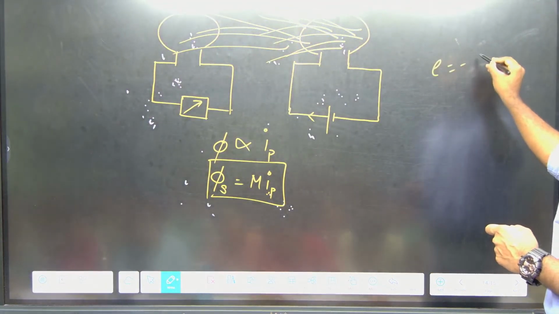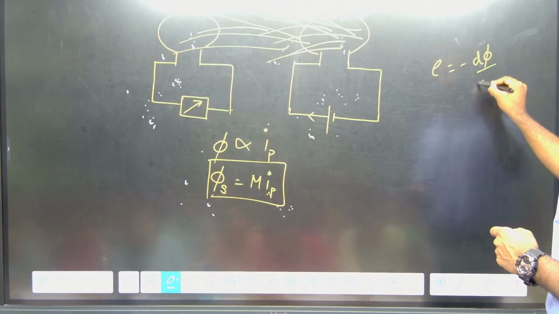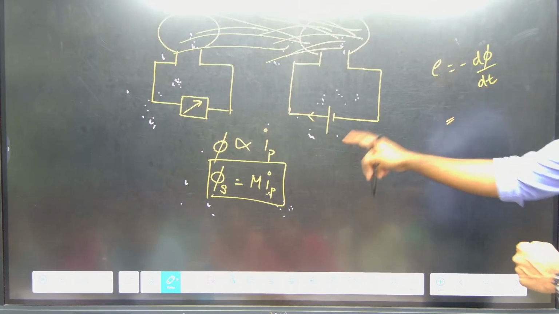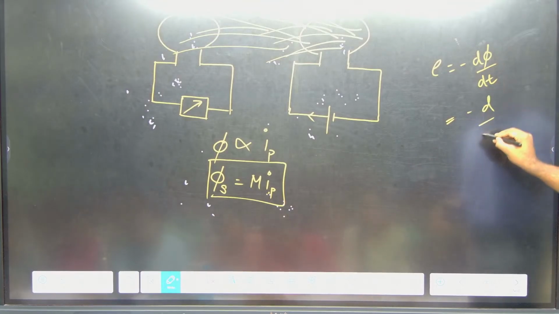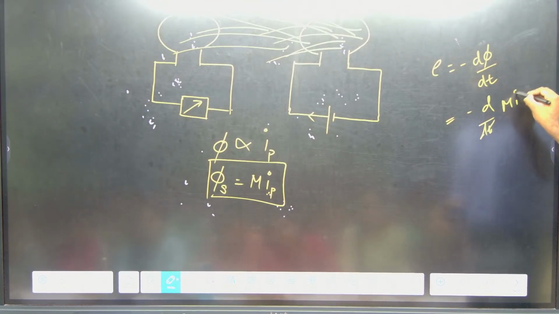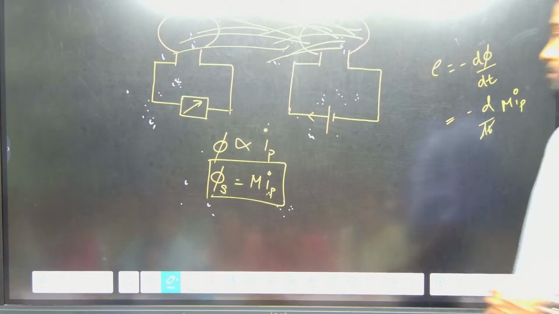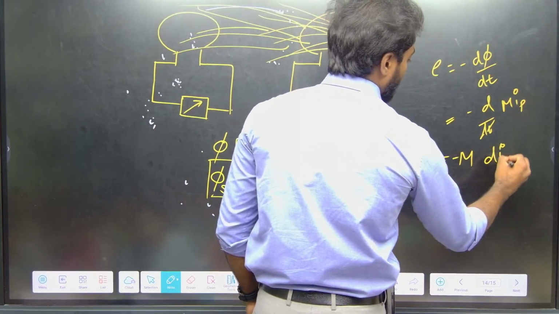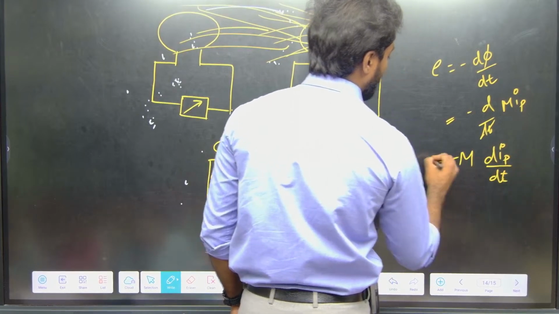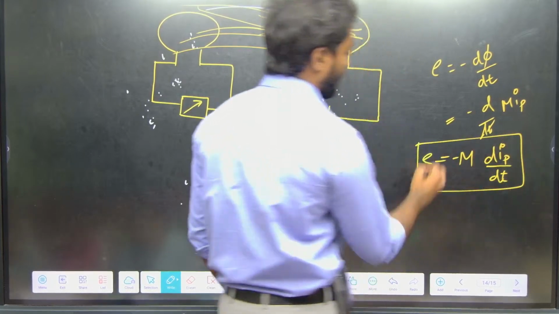E is equal to minus d phi by dt. So what is phi here? M into I. So minus d by dt of M into primary current. So mutual inductance I can take out. So minus M dI by dt. This is my EMF.